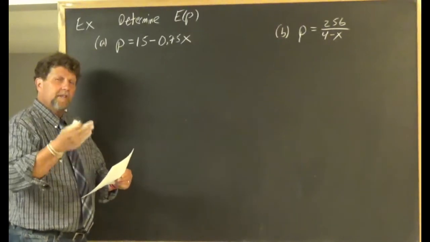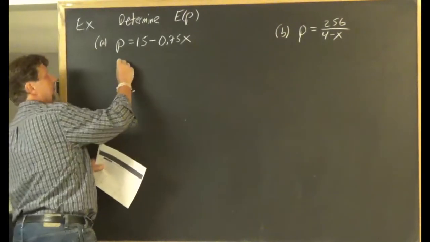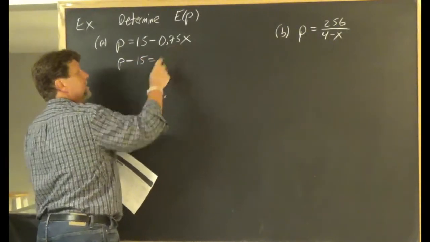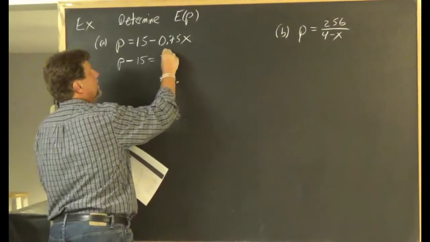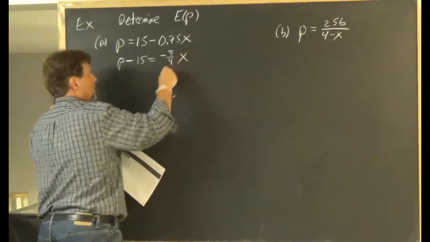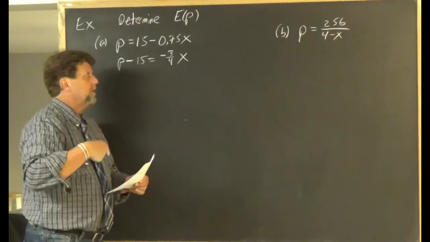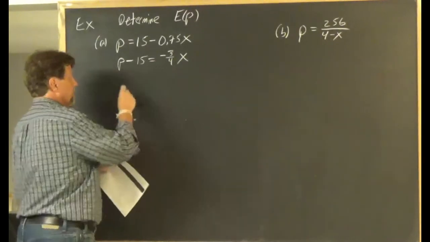I would make my first step subtracting 15 from both sides. And I'm actually going to rewrite this decimal as a fraction. Now I multiply both sides of this equation by -4/3.